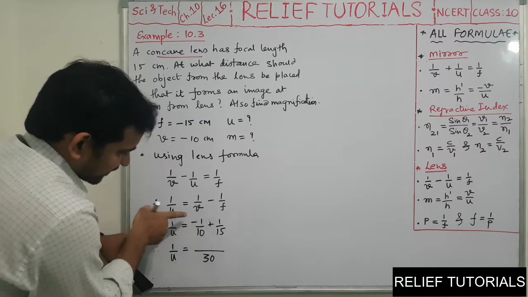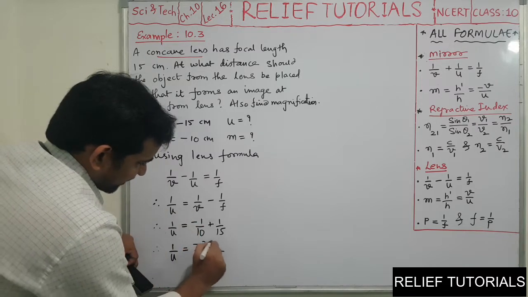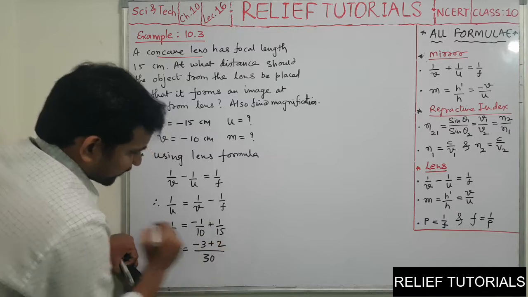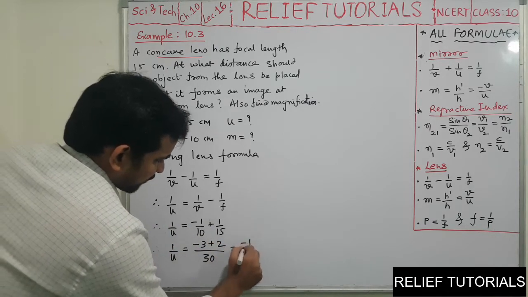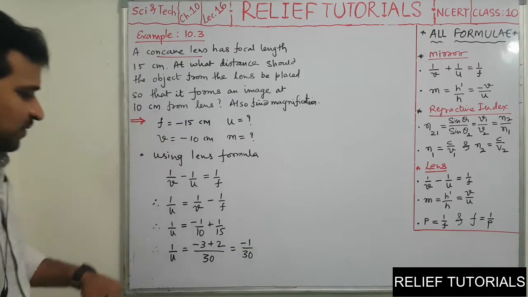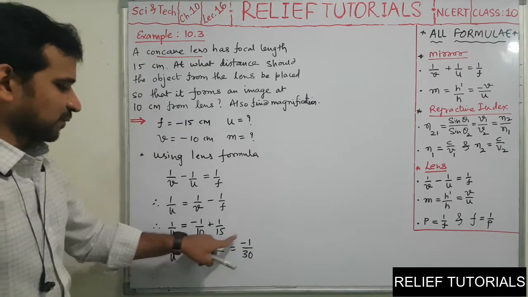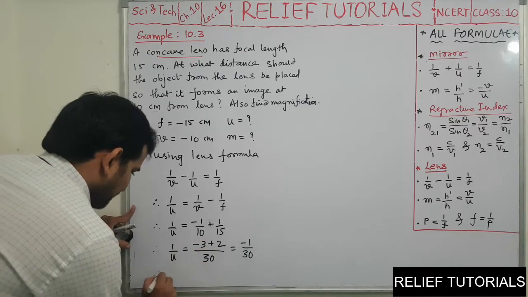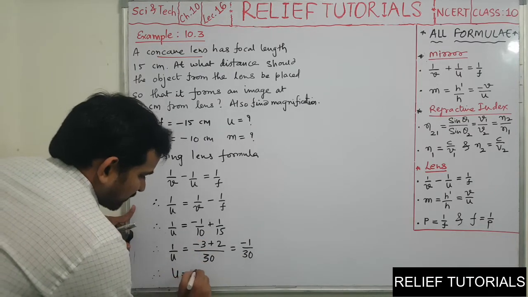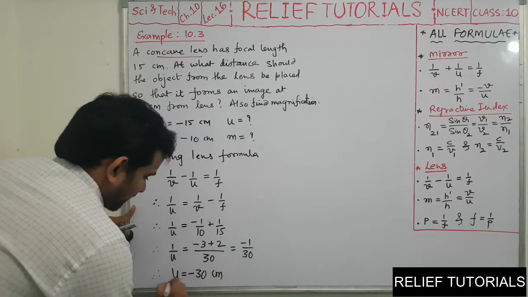So 10 3s are, so it's minus 3 here, and plus 15 2s are, so it's plus 2 here. Minus 3 plus 2 is minus 1 by 30. So 1 by U is equal to minus 1 by 30. Take the reciprocal to both the sides. So finally we get U is equal to minus 30 centimeter.